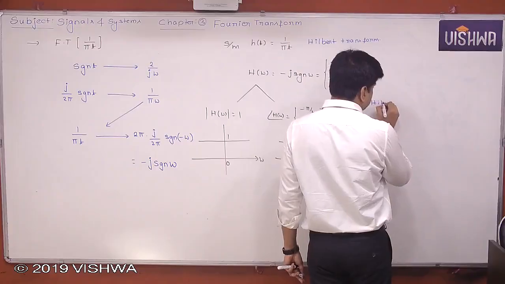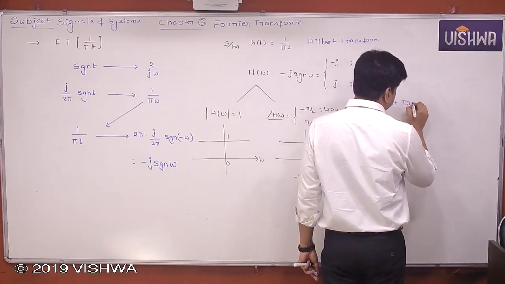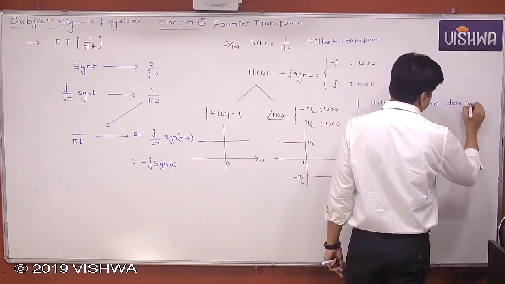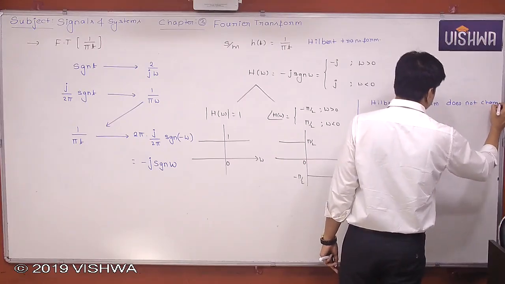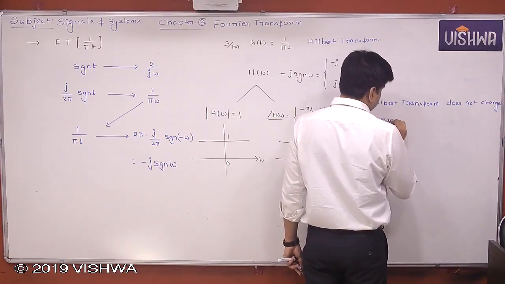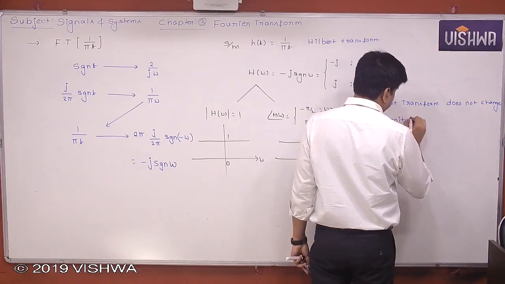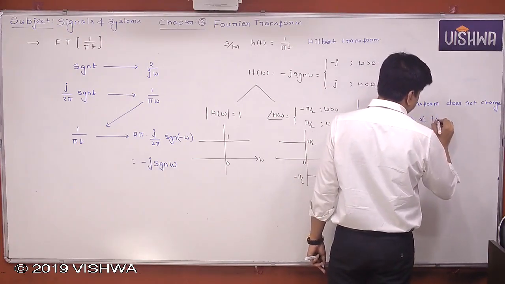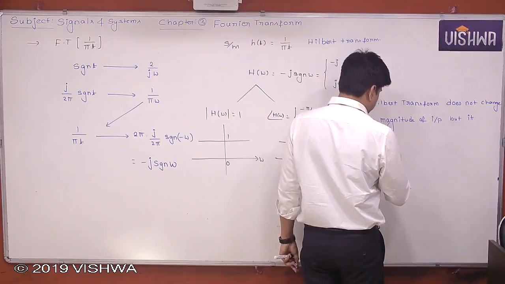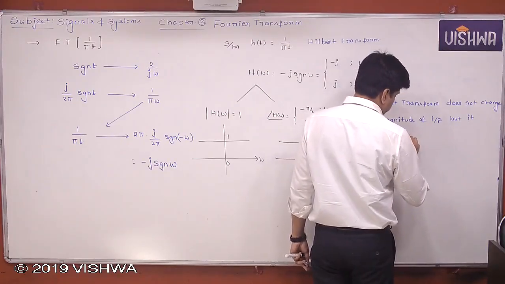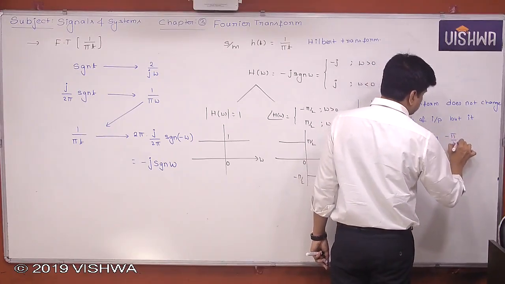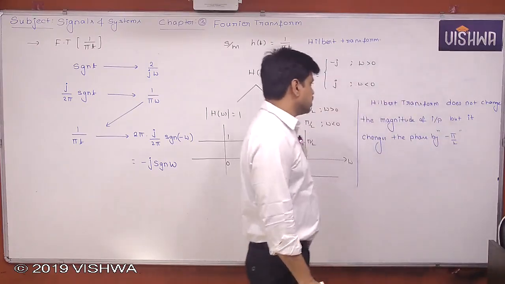The Hilbert transform does not change the magnitude of the input signal, but it changes the phase by minus pi by 2. That is what the Hilbert transform does.